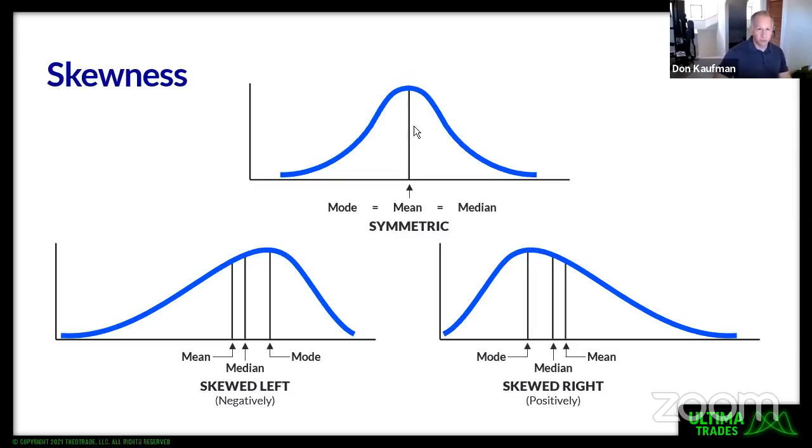Things haven't been normal for a year. There's a huge amount of skew. When you start looking at these curves, there's what they call skew, and there's kurtosis, and I can go on and on about it. But for the most part, this perfect little distribution curve is all kinds of tweaked right now, and it's providing a huge amount of edge to those who know how to go after it.